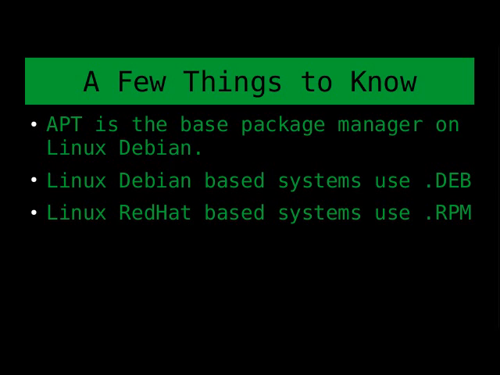So once you learn one, it's going to be pretty easy to adapt to another one. It's also good to learn APT. Sometimes you don't have access to a utility like this. There are other graphical user interface utilities that you can use, but we're going to dive into what makes this so cool.